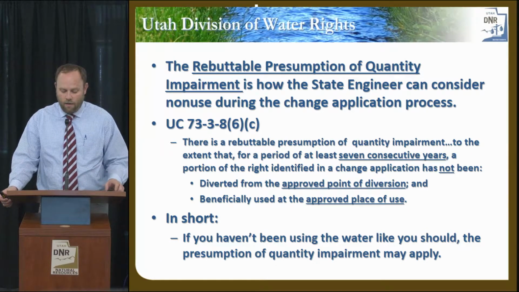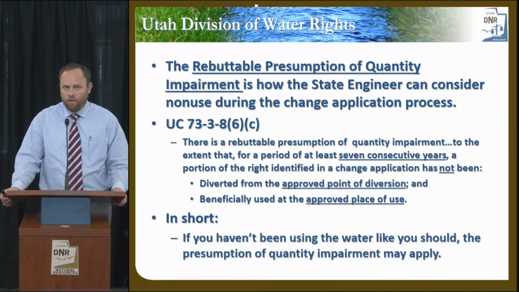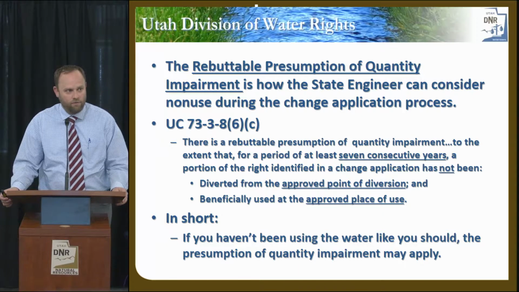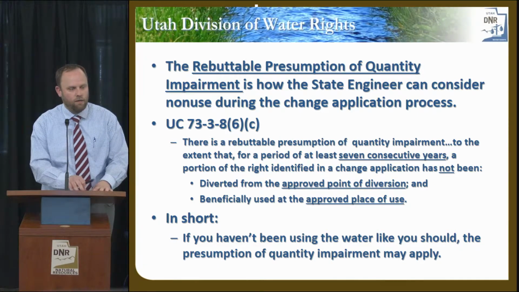Okay, all right, so let's get into the details a little bit, and this is what differentiates it from the A type. Okay, this rebuttable presumption of quantity impairment is how a junior water right can experience quantity impairment from a senior water right that has not been used for at least 7 years. Okay, and that's a little bit of a reversal from what we talked about with the A type, where it's a senior water right that's affected by a junior water right.